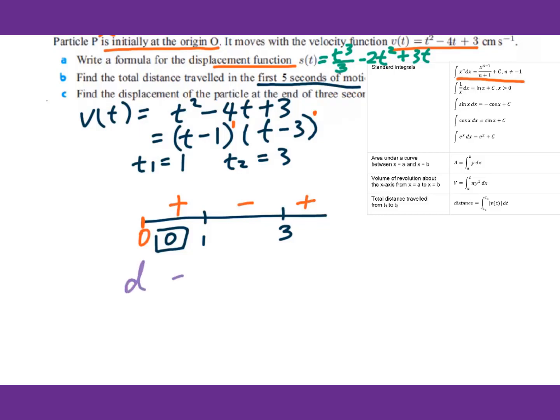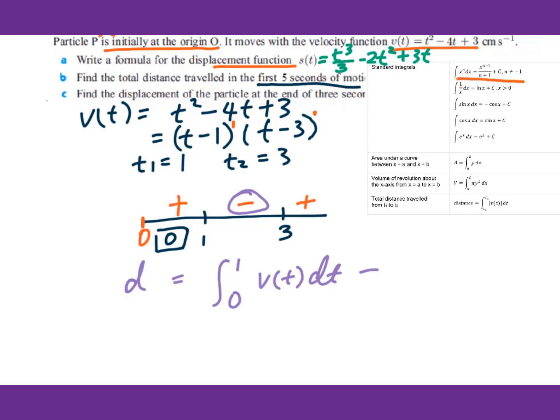Therefore, for the distance, you have to do from 0 to 1 velocity dt. Then minus, because this is negative, which means displacement will be negative.